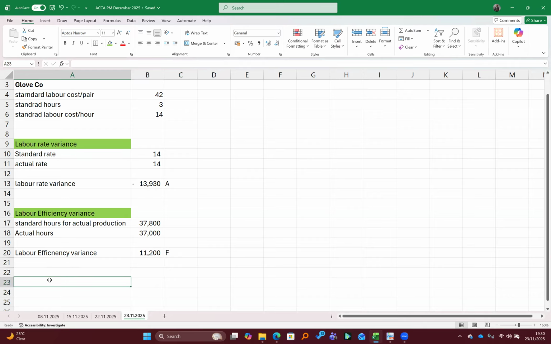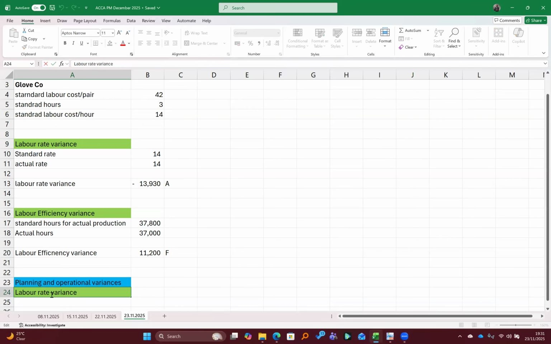So if we look at planning and operating variances, or operational variances, we can start with the labor rate. Okay, so we can say labor rate planning variance.